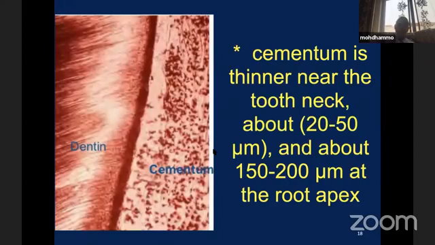Here is a closer look at cementum. Cementum is thinner near the tooth neck, about 20 to 50 micron, and about 150 to 200 micron at the root apex. So this is the cementum, this is the dentine.